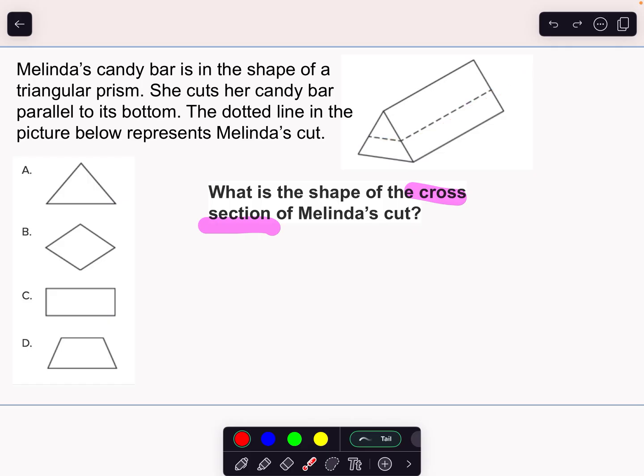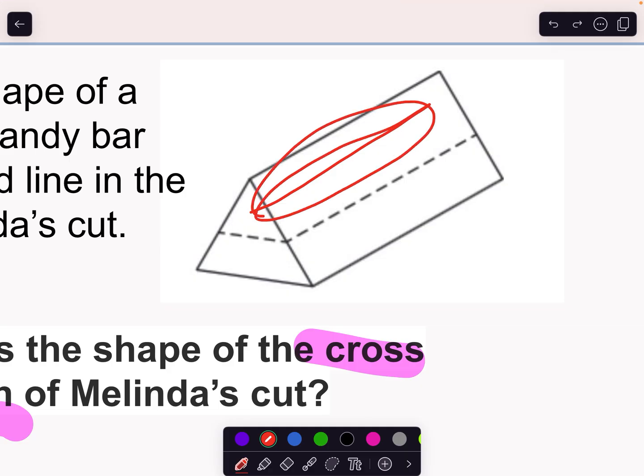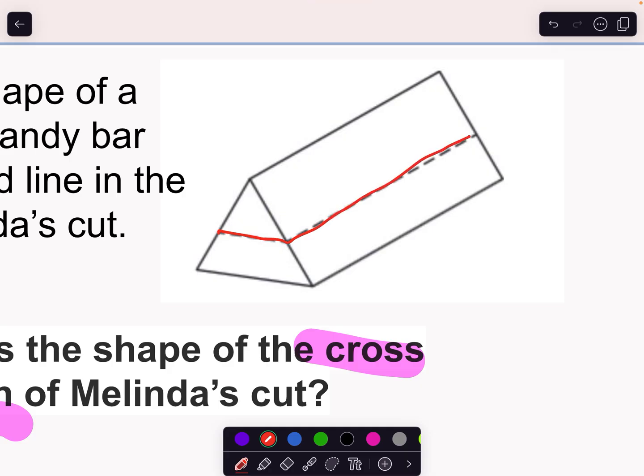So the dotted line in the picture represents her cut. So what is the shape of the cross section? When you do these kind of cross section problems, you want to imagine that you're slicing it with a knife, and then you take this top part and you pick it up and you just throw it away, and you look at the shape that's left there underneath.